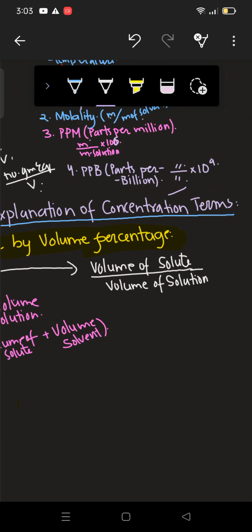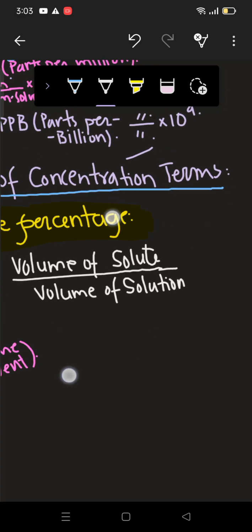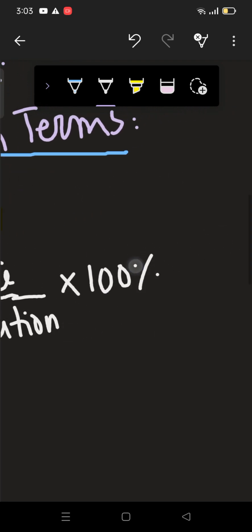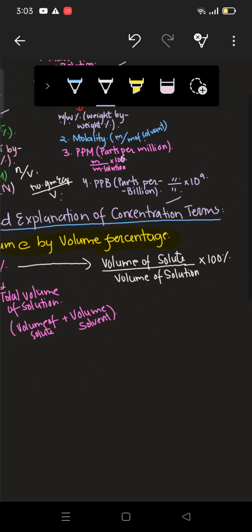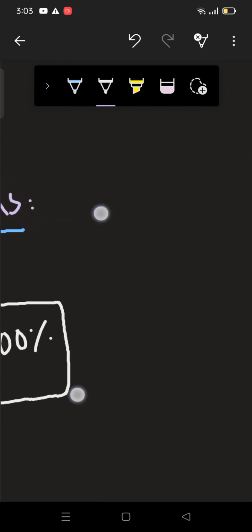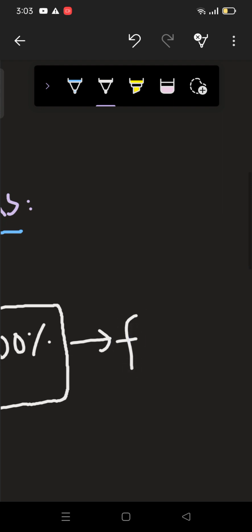Here the volume of solution represents volume of solute plus volume of solvent. So volume of solute divided by volume of solution into 100% gives us volume by volume percentage. So we have learned the formula here. We must make a box so that we cannot forget. Formula.